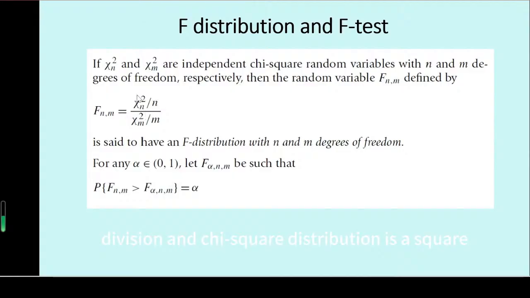And the chi-square distribution's random variable is the square of a standard normal variable. So all chi-square variables have positive values, right? So the F distribution also has positive values. No negative values are available for an F distribution.